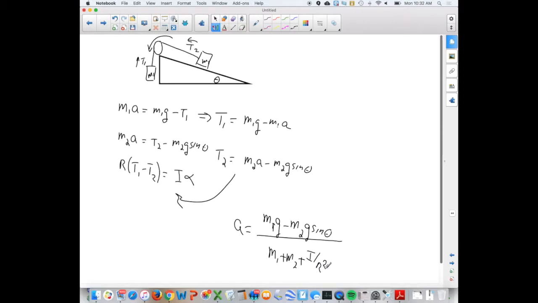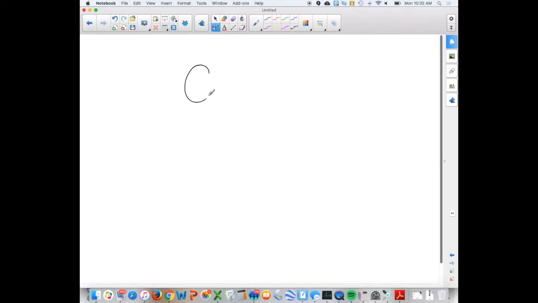The one last classic problem is the Atwood's machine, where I have a pulley, I have an M1 here, I have an M2 here. I'm going to guess the direction for acceleration.